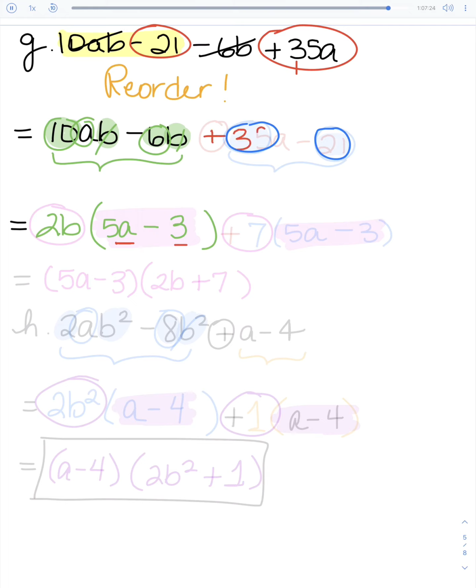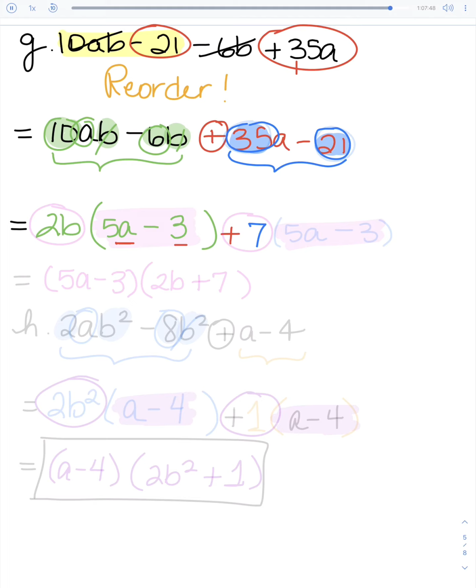It's a positive 35a, and then we'll put our negative 21 second. So looking at these second two, we've got the 35a and the negative 21. Well, the 35 and the 21 are both divisible by 7.